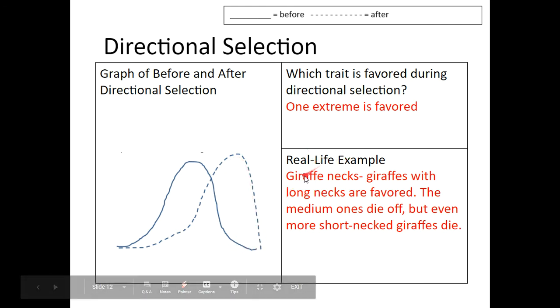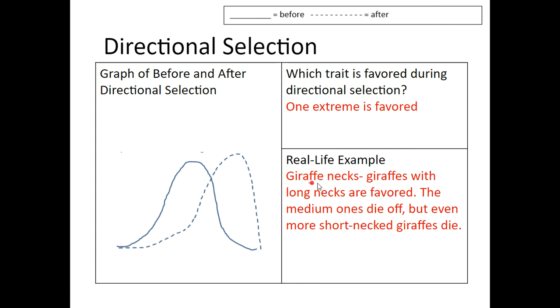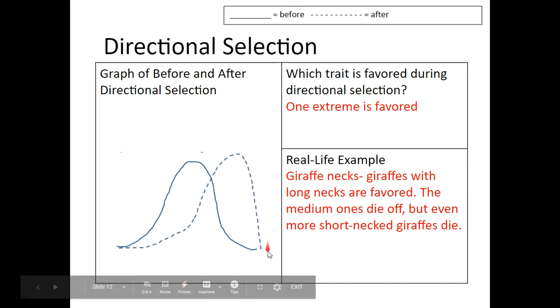So for example, giraffe neck length. Giraffes with long necks are favored. The medium ones die off, but even the more short-necked giraffes die off. So directional selection is going to favor just one extreme. So let's just stick with my same numbering system, maybe 0 inches to 10 inches. So a giraffe with the longer neck is going to survive.